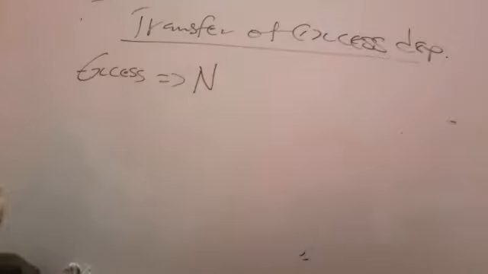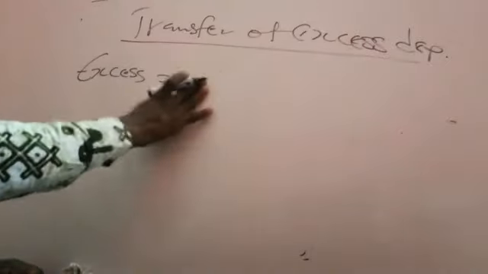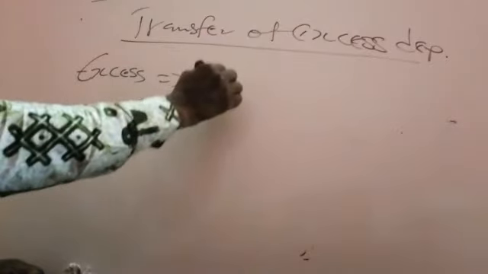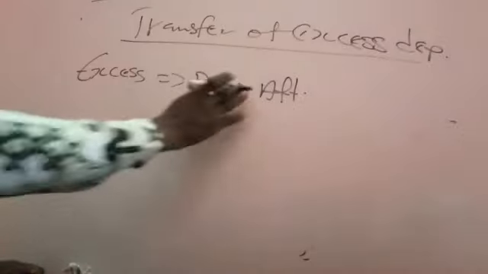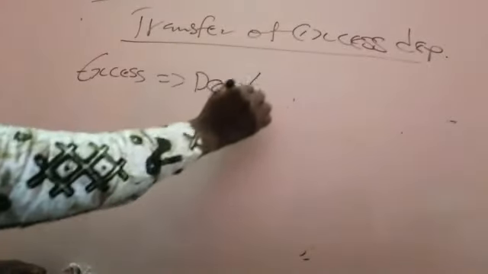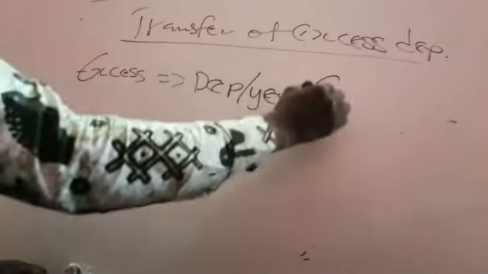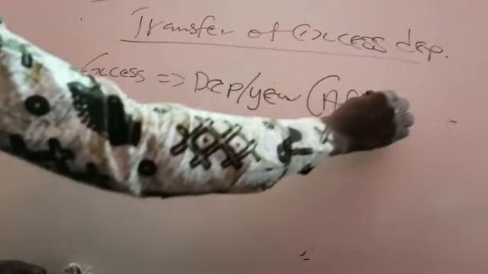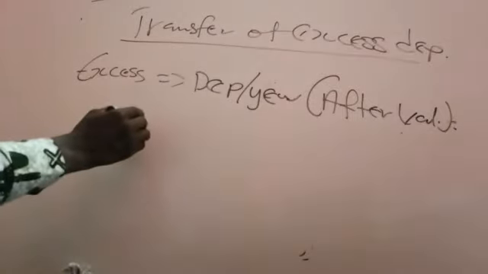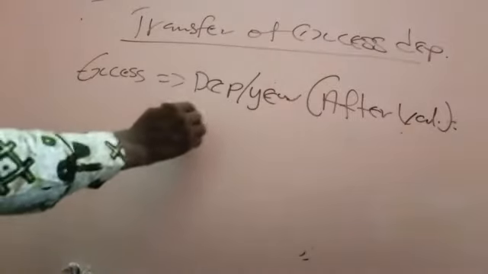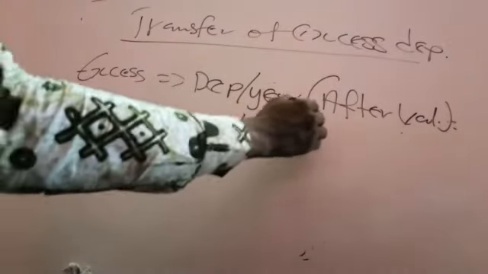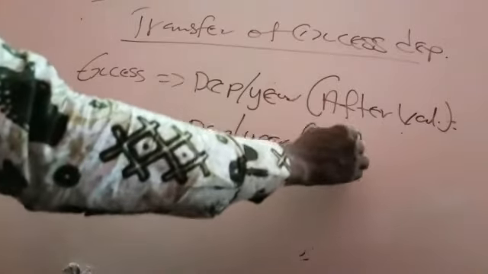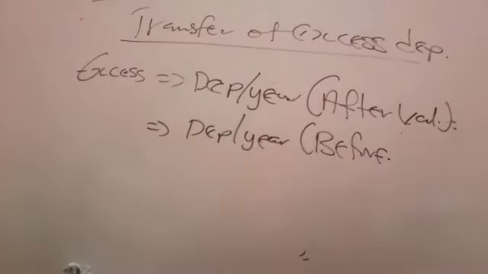So now I call it the new depreciation. So we say depreciation per year, but must be after valuation, versus less depreciation per year, but before valuation. So that is it.